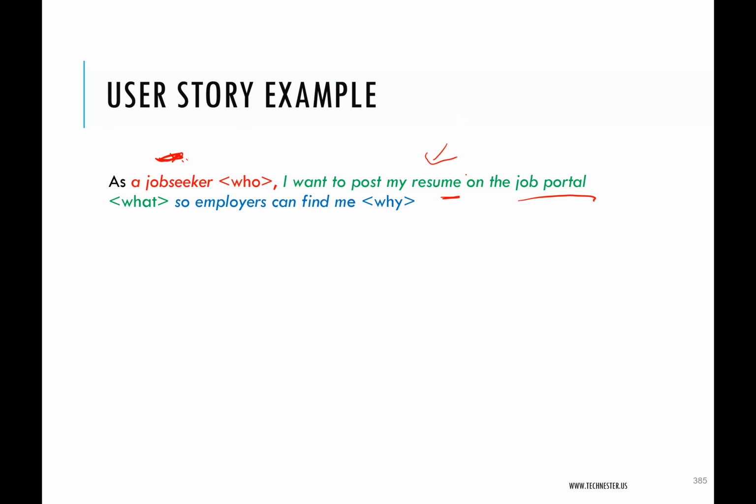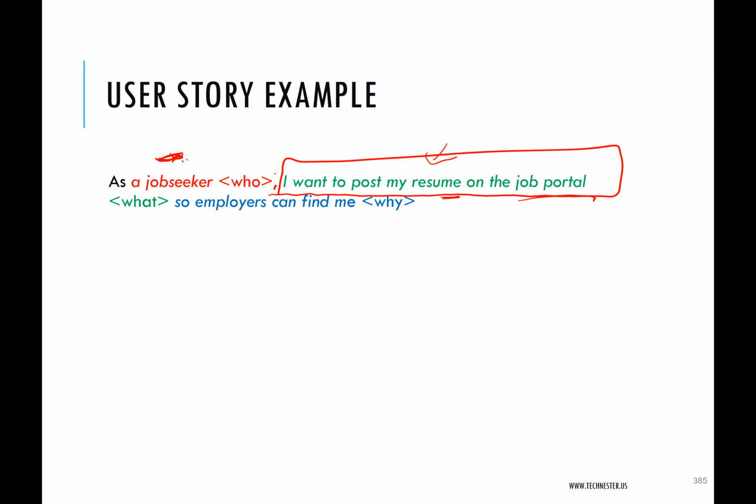So if that feature was lacking, now the developers know that they have to create it. So this is what they have to create. This is the requirement. A feature to allow people post resumes on the job portal system.